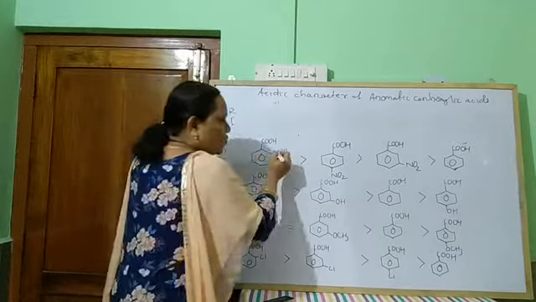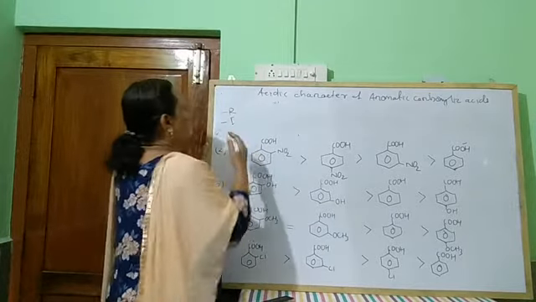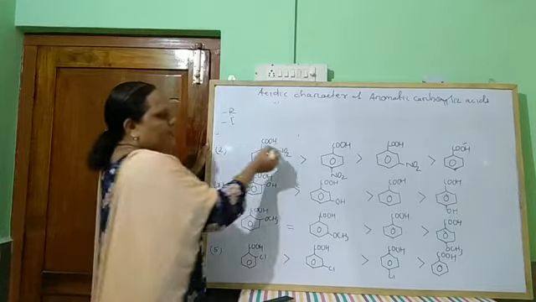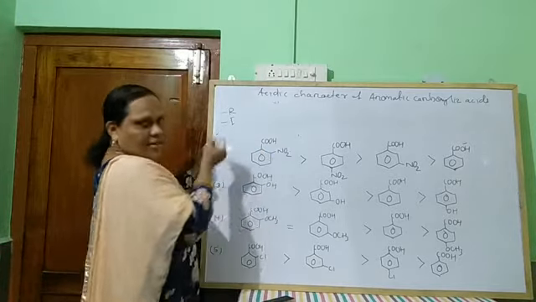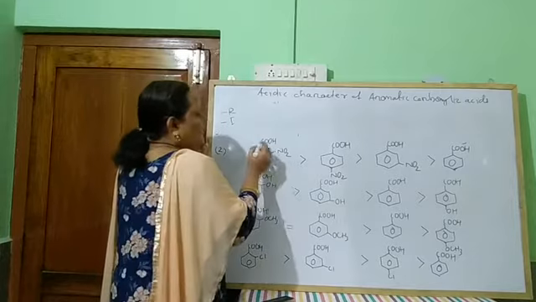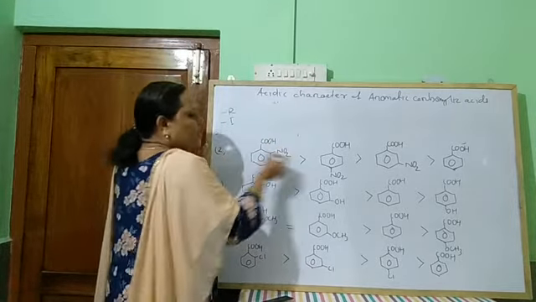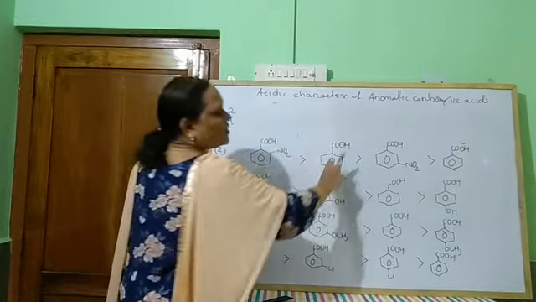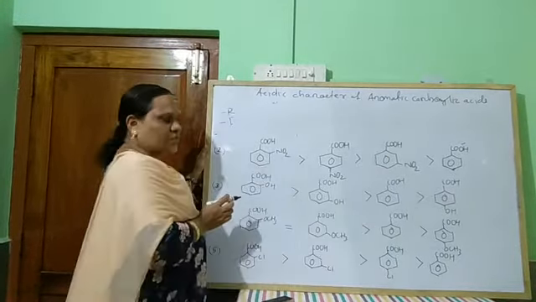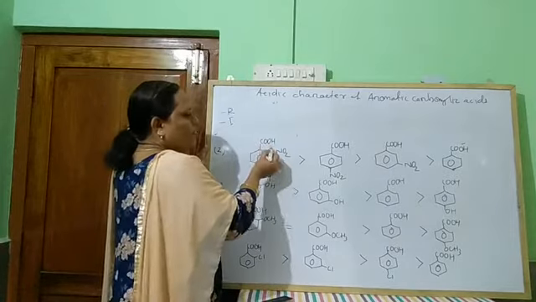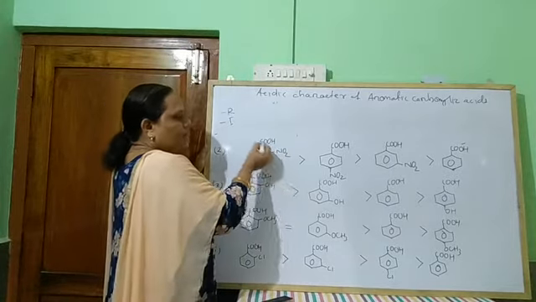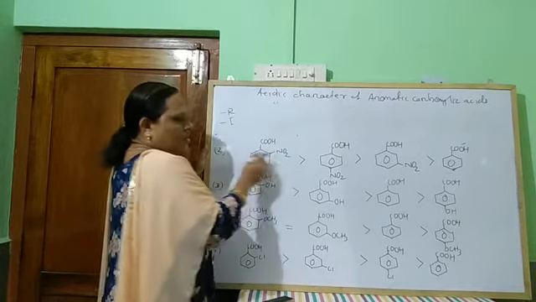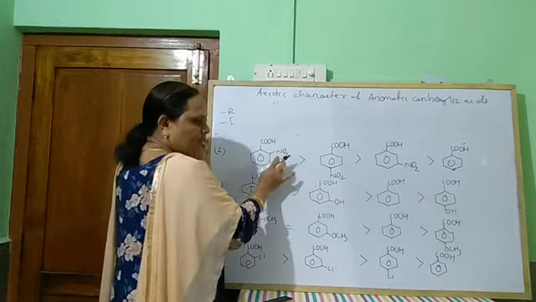So the nitro group is strongly electron withdrawing in nature, and it also has minus R or minus M effect because this group withdraws electrons from the benzene nucleus. In this way, this group increases the acidic strength. So all nitrobenzoic acids are stronger acids as compared to benzoic acid, and due to ortho effect, the ortho isomer is more acidic.